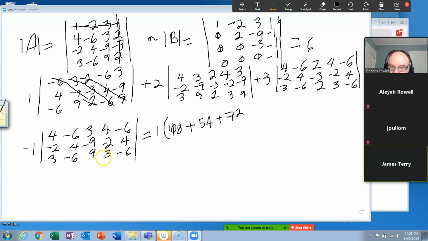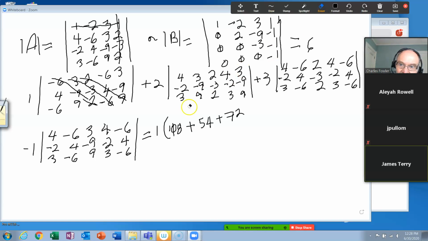Now we're going to do our up diagonals, but in order to do them rightly, it would help to wipe out these down diagonals because they are interfering. I've got to get my draw pen back.